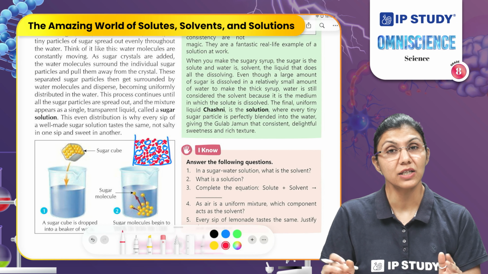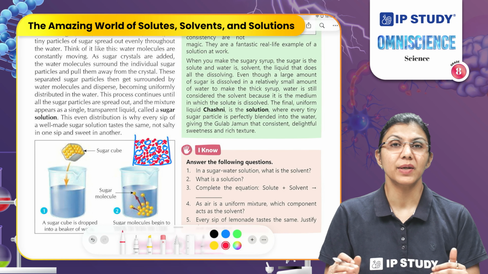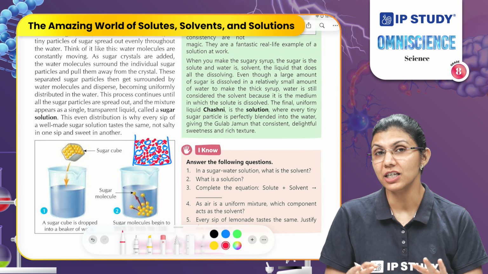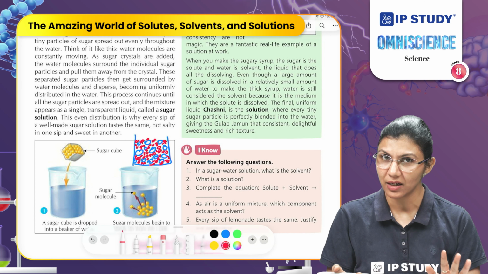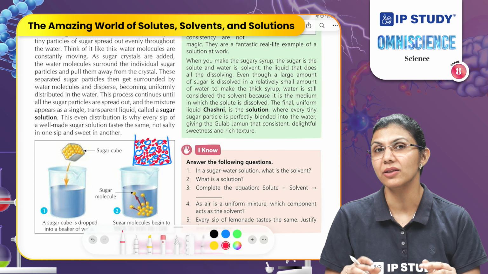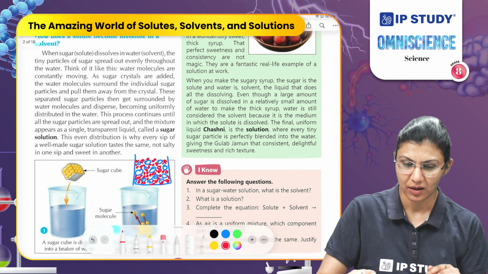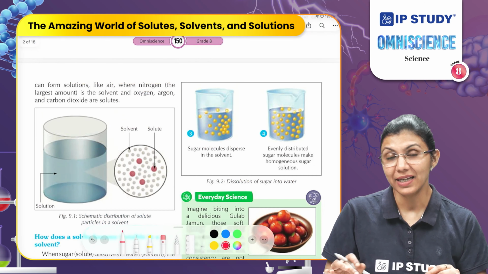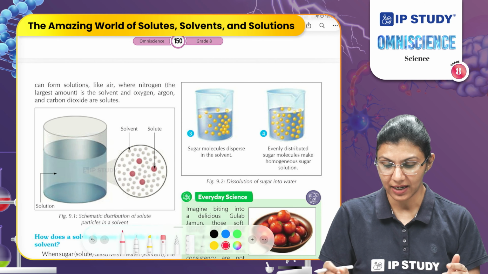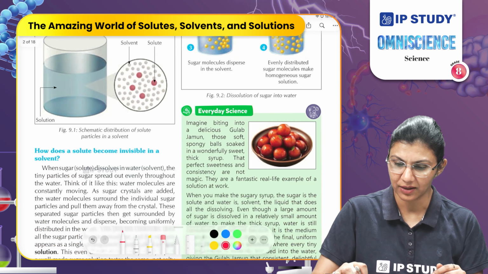Why? Because there is no more interparticle space left, so these particles cannot settle in those spaces. How can we increase that solubility then? We will understand this further in this chapter.